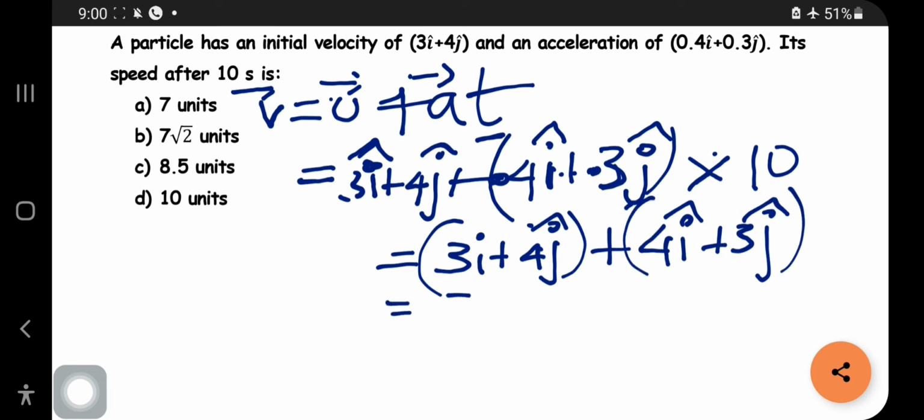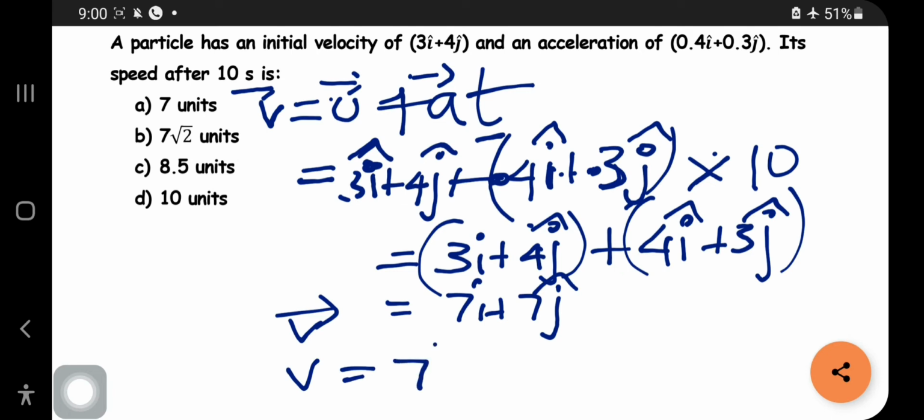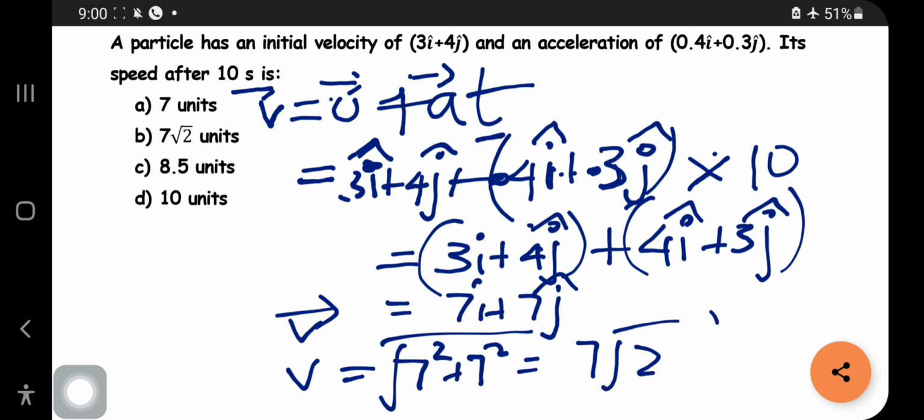What will you get? 7 i cap plus 7 j cap. So it is in vector form. They are asking for the normal magnitude. So V resultant is equal to the square root of 7 square plus 7 square, which is 7 root 2 units. This is the answer.